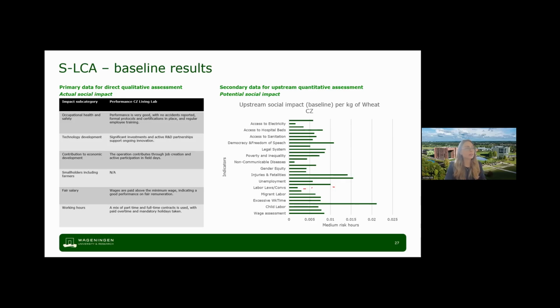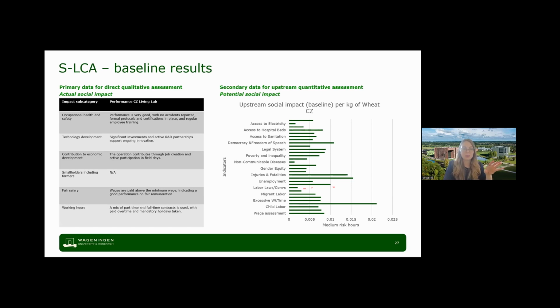There were no accidents reported. And all the protocols and certifications, etc., were in place. And we assessed this for the other topics as well. So that is the direct impact with primary data. And on the right-hand side, you see the outputs of the modeling part for the upstream impacts.